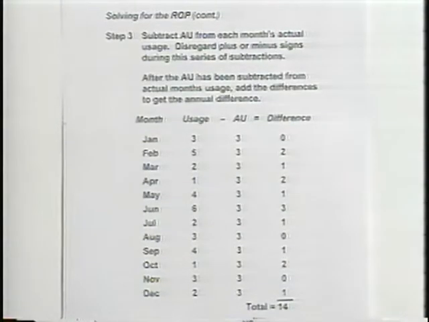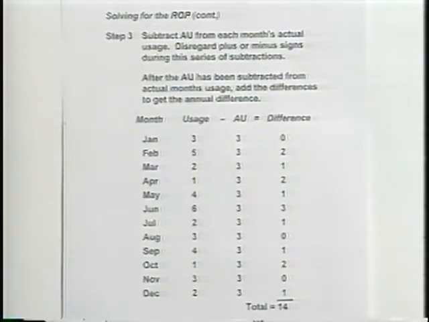So on page 11F, we've listed our 12 months and our usages by month. Now we're going to subtract the average usage. If you remember from the previous page, the total annual 36 units divided by 12 time periods represents a monthly average usage of 3 units.